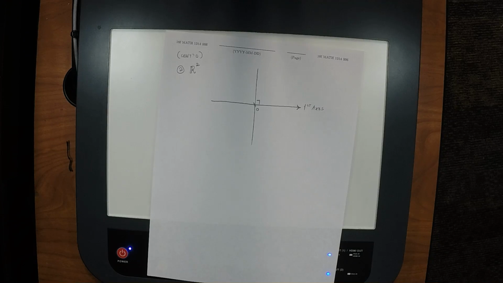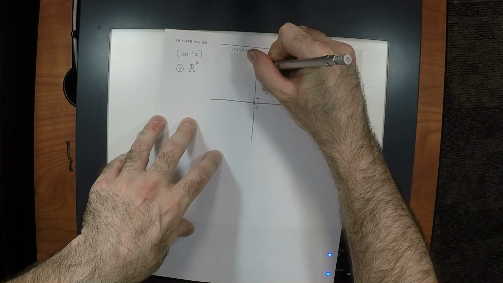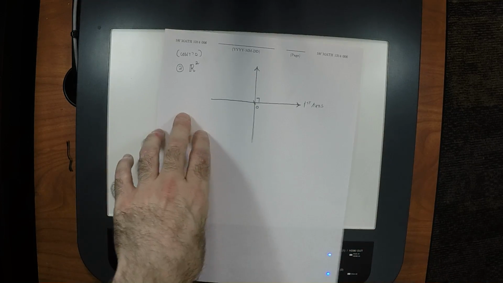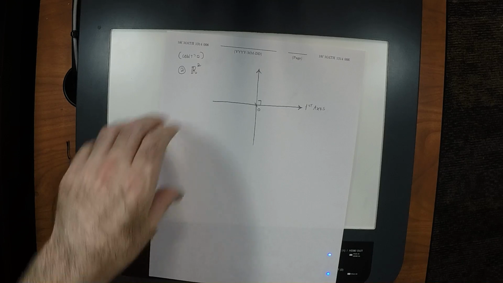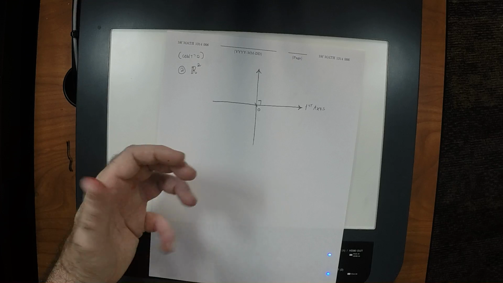In essentially all cases in math, the direction of increase is up. But you should be wary, because in computer science, where the vertical direction is concerned, the increasing direction is down. It's not up.